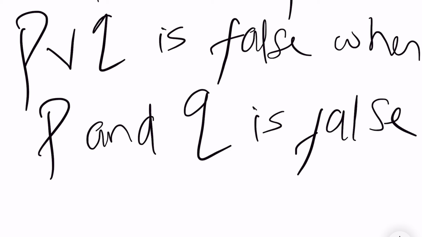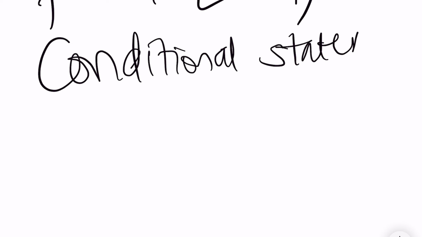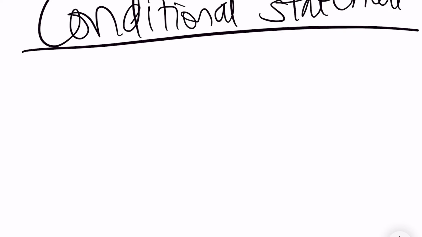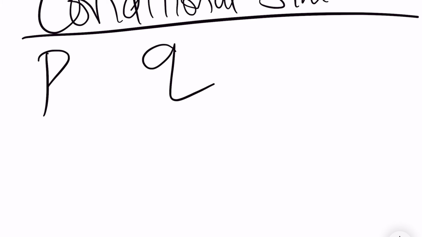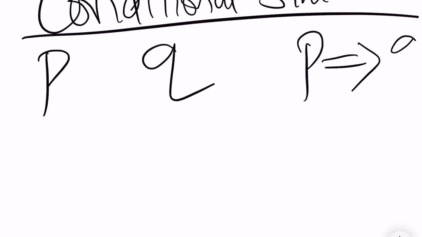Now, for the conditional statement, we have P, Q, and P to Q. True, true; true, false; false, true; false, false.